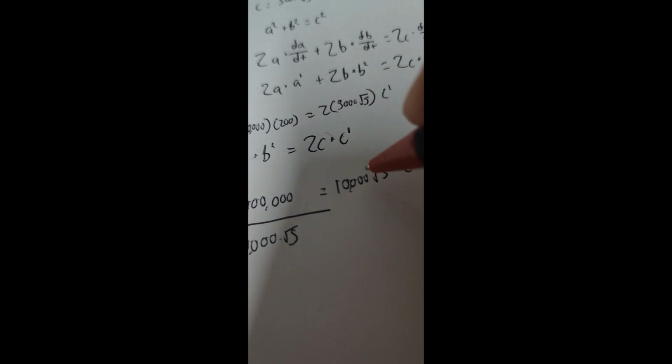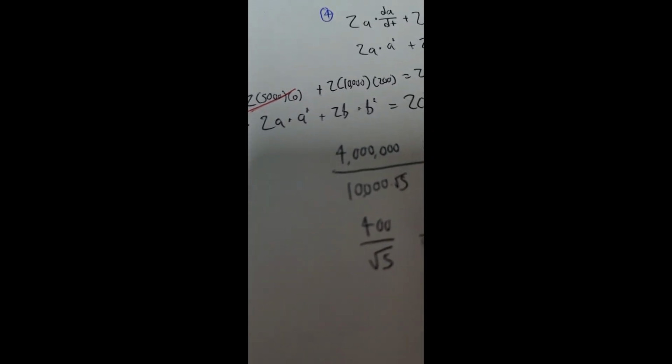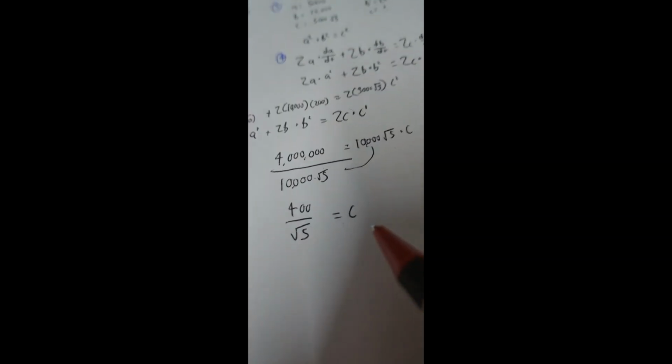Now we have to clear c prime, so we make a division, moving it right here. Finally the result is 400 square root of 5. This is c prime, the final result.